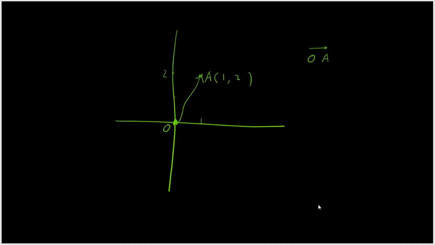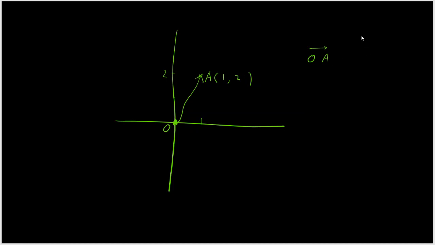Okay. Now this position vector, I'm going to represent using the coordinates of the terminal point of the vector. By that we mean I'm going to represent OA using an ordered pair of real numbers. The first number is 1, the second number is 2.